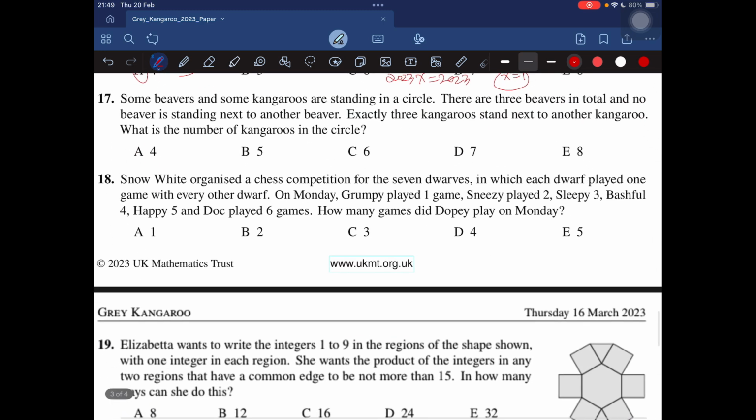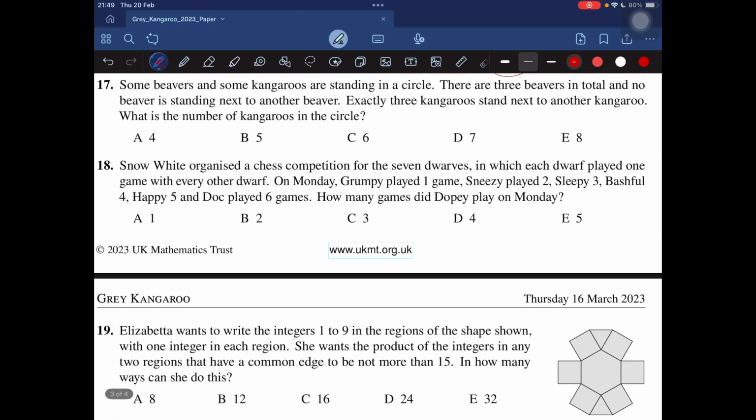And number 17. Some beavers and some kangaroos are standing in a circle. 3 beavers in total, and no beaver stands next to another beaver. Exactly 3 kangaroos stand next to another kangaroo. Find the number of kangaroos in the circle. So let's say beaver, beaver, beaver. They don't stand together.